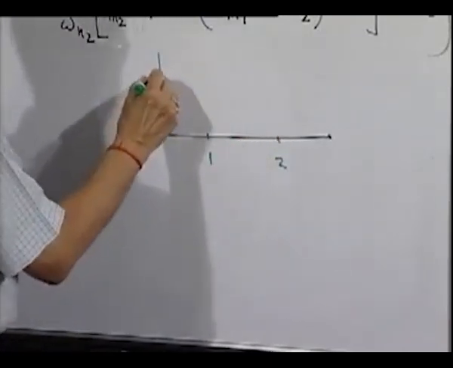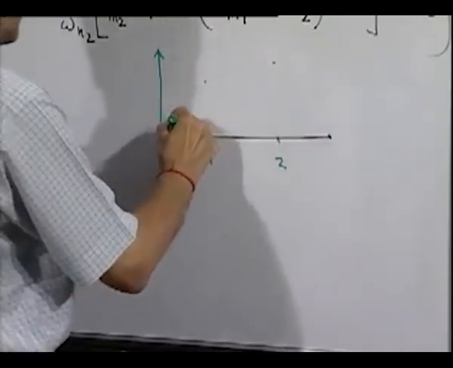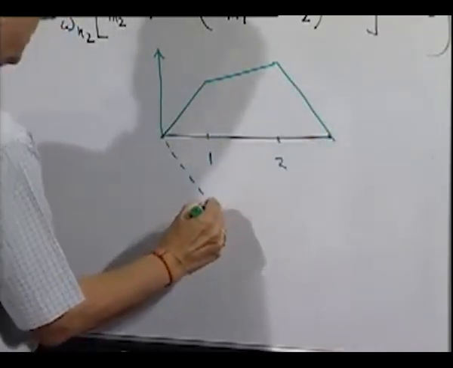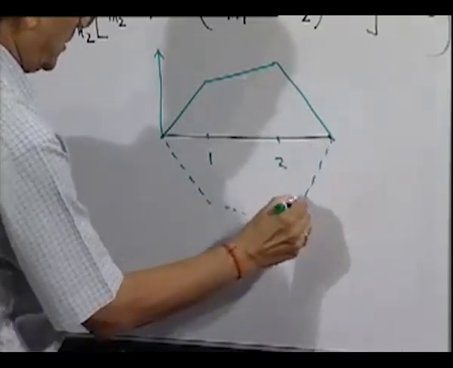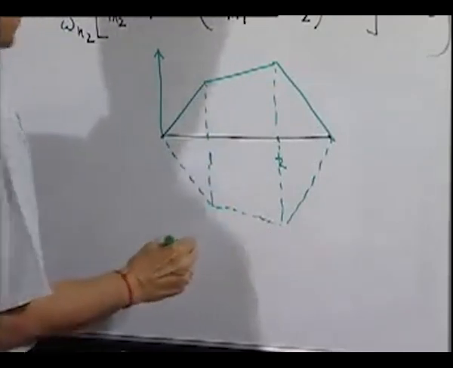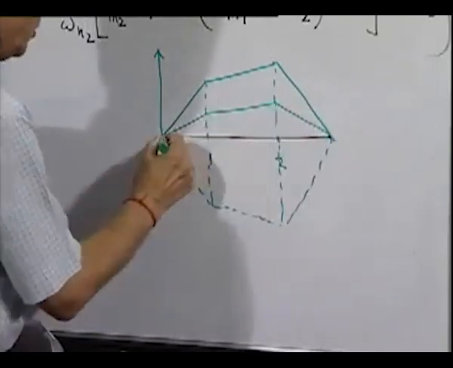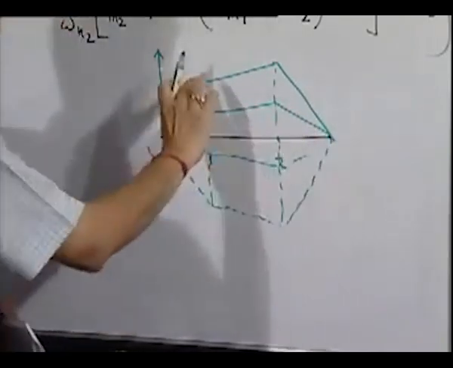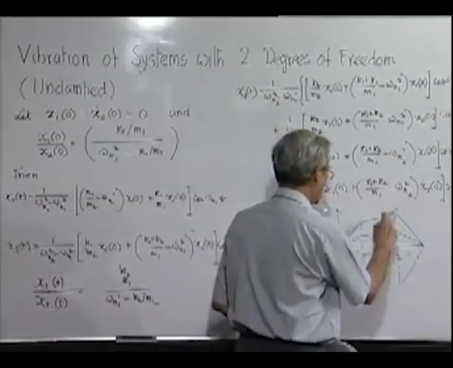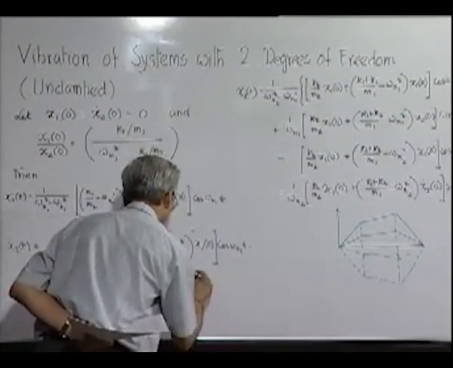So if I plot, say this is the first block, this is the second block, and displacement is in this direction. So we will find they vibrate like this.